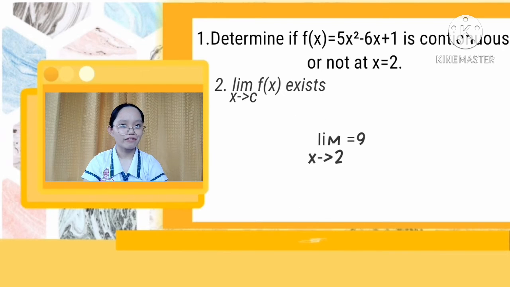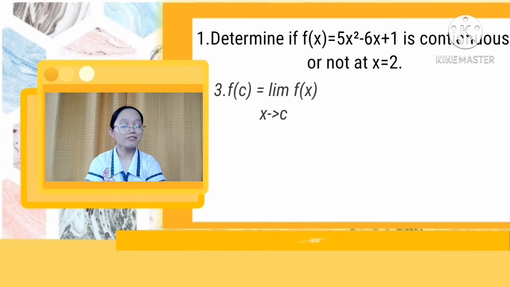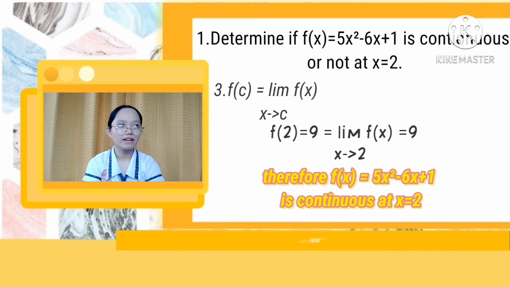Therefore, the limit of f of x as x approaches 2 exists. Third condition, f of c must be equal to the limit of f of x as x approaches c. F of 2 is equal to 9, and the limit of f of x as x approaches 2 is 9 also. Therefore, f of x equals 5x squared minus 6x plus 1 is continuous at x equal to 2.